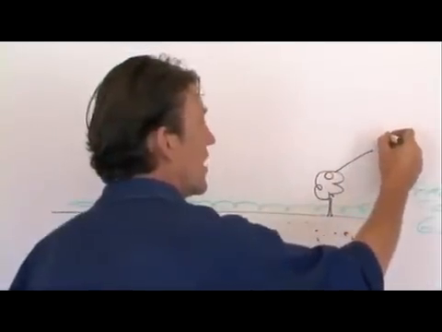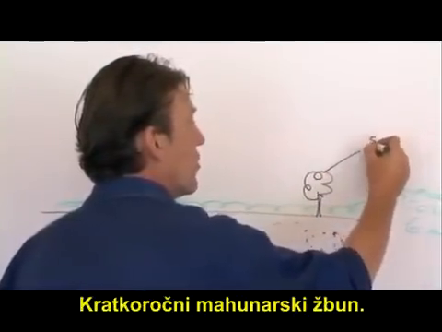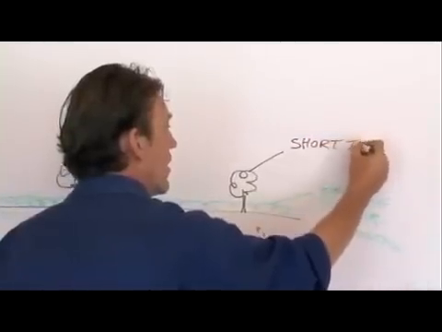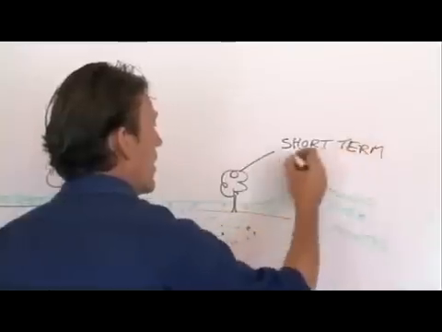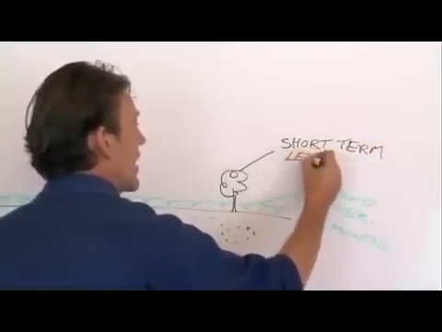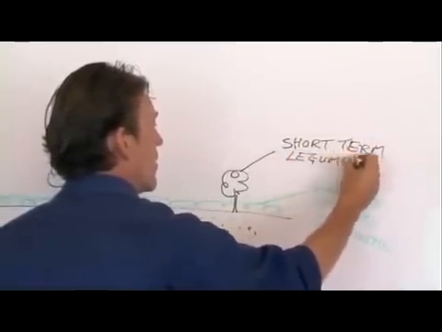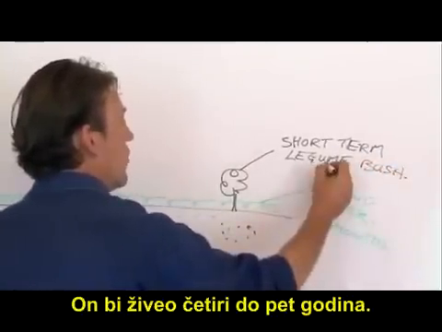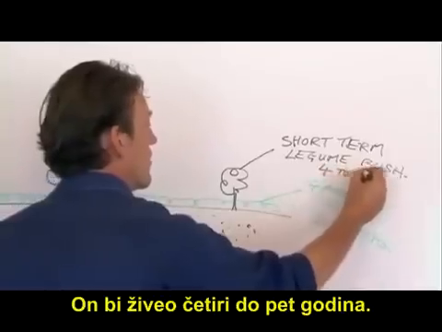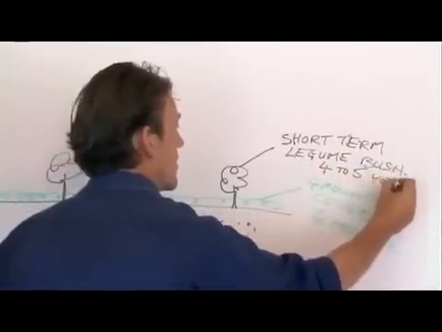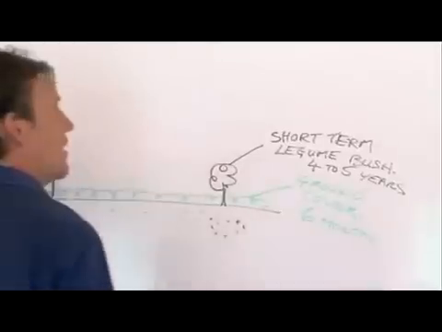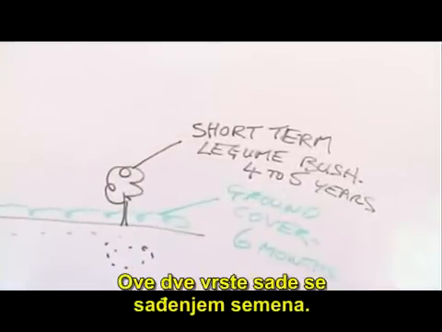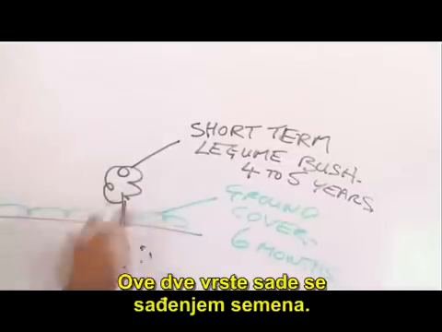So this would be what we call a short term legume bush, and it may live for 4 to 5 years. That can be planted, or these two can be planted by seed.